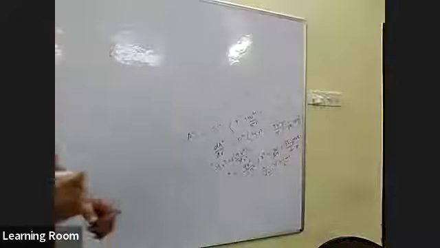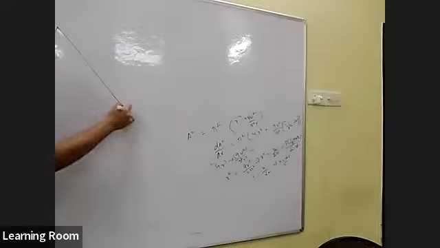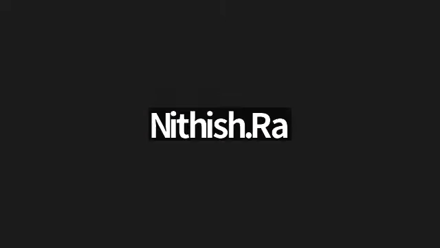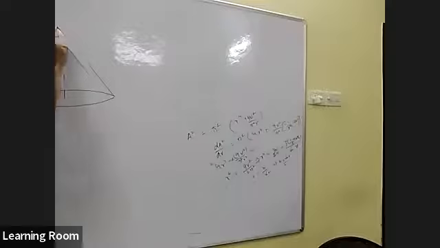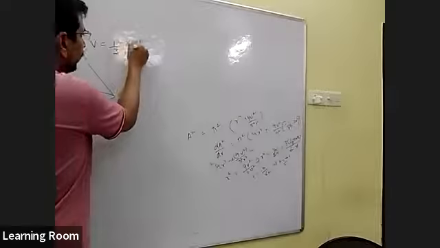What are they asking? Show that the semi-vertical angle of a cone. So you have a cone, and this cone's semi-vertical angle is alpha, and this cone has maximum volume. So V is equal to 1 by 3 pi r square h.